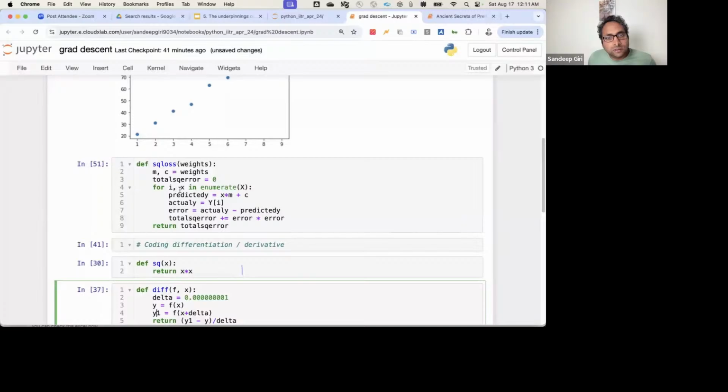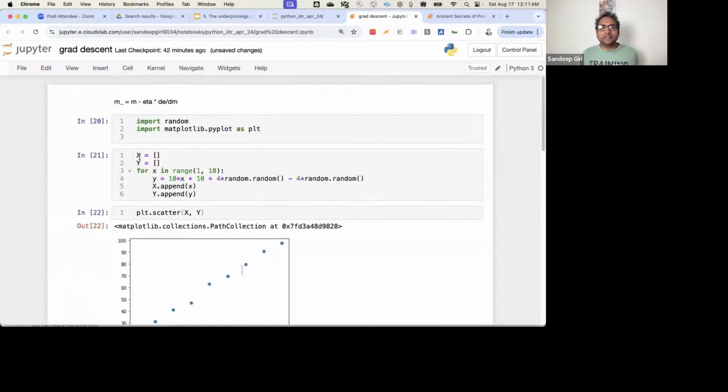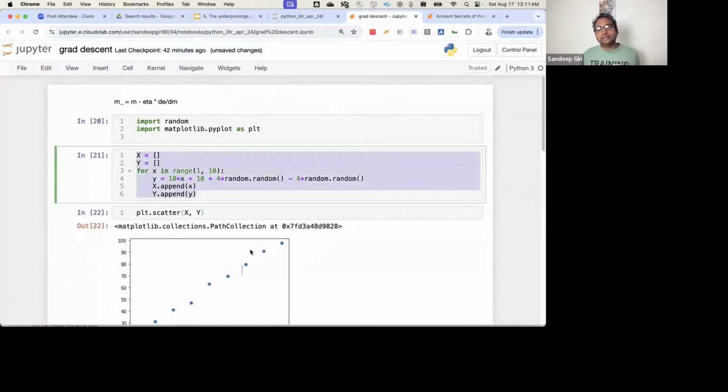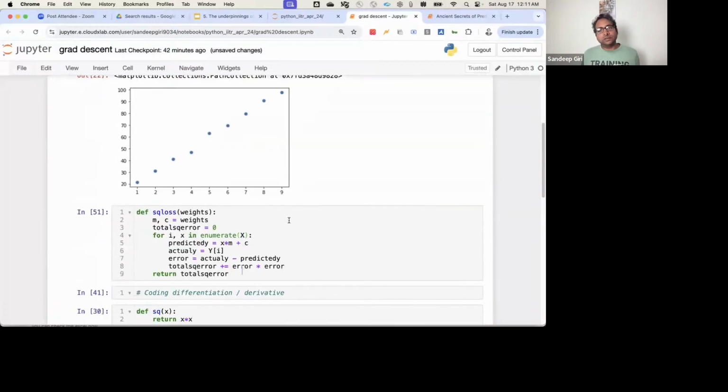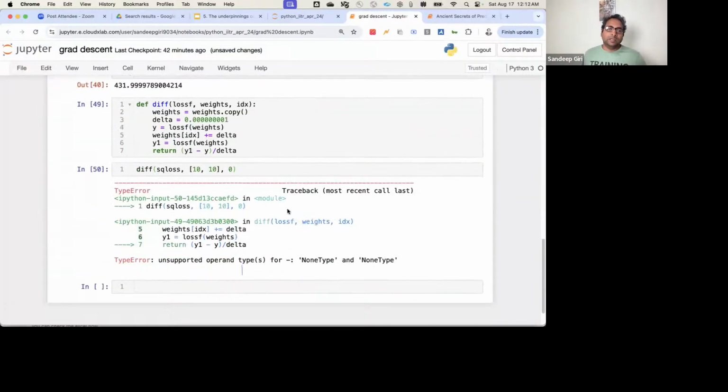Ideally, we should pass X and Y. We are using these global variables, X and Y, that we defined earlier. That's our data. Ideally, we should pass that here, but right now I'm just using it as global data. Now, moving ahead.